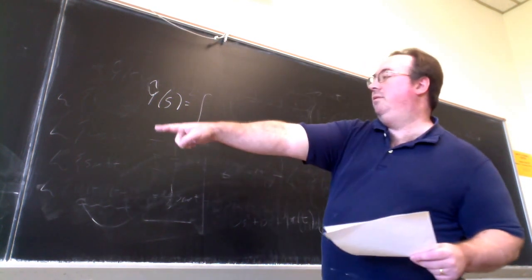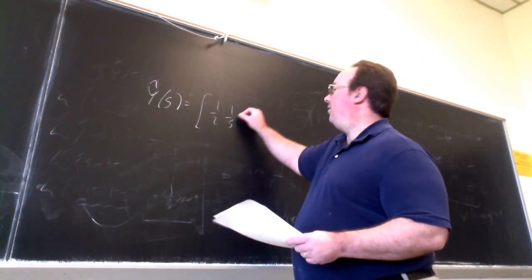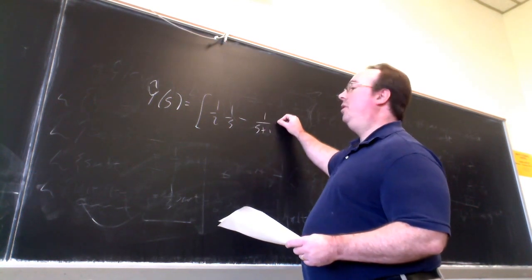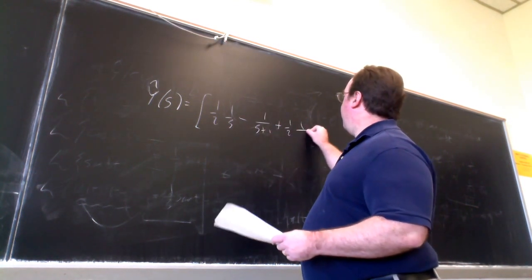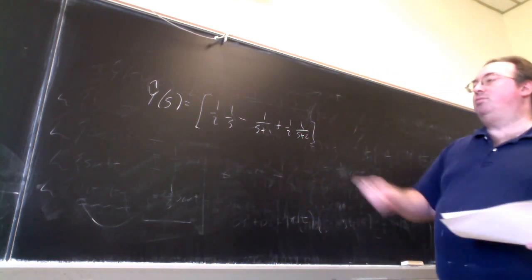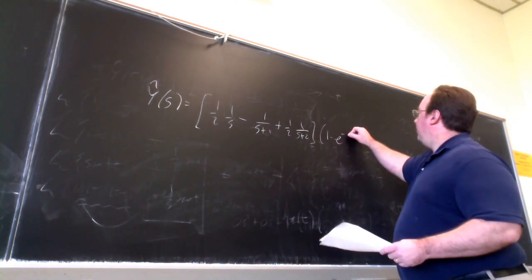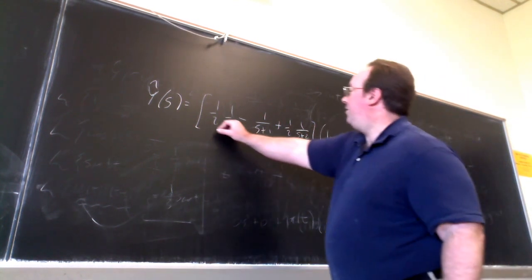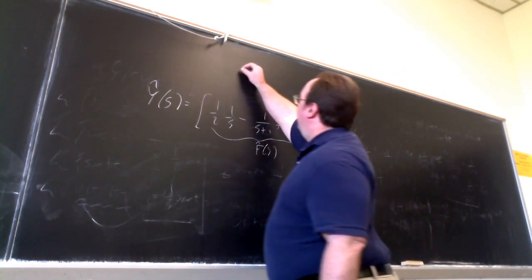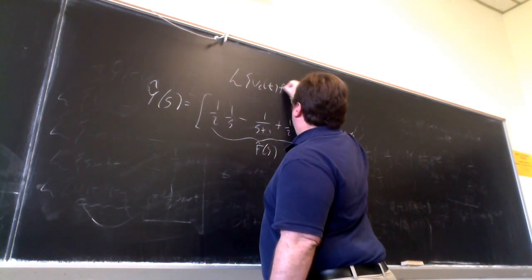So filling in all the constants, there's 1 half, 1 over s, minus 1 over s plus 1, plus 1 half over s plus 2. So we're just re-expressing the transform, and there's still this 1 minus e to the minus 10s. So think of this as your f hat of s in your rule.